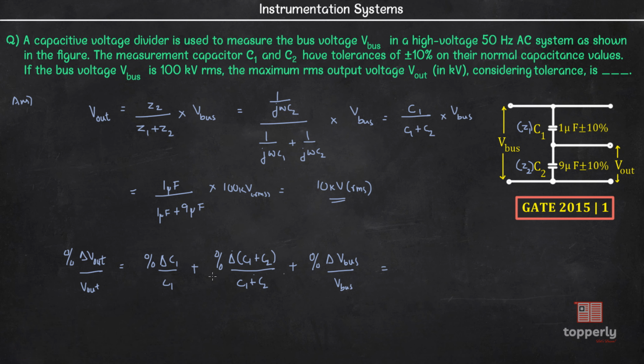Now we know that percentage delta C1 by C1 is 10%. So we have 10% plus, now we need to find what is percentage delta C1 plus C2 by C1 plus C2.